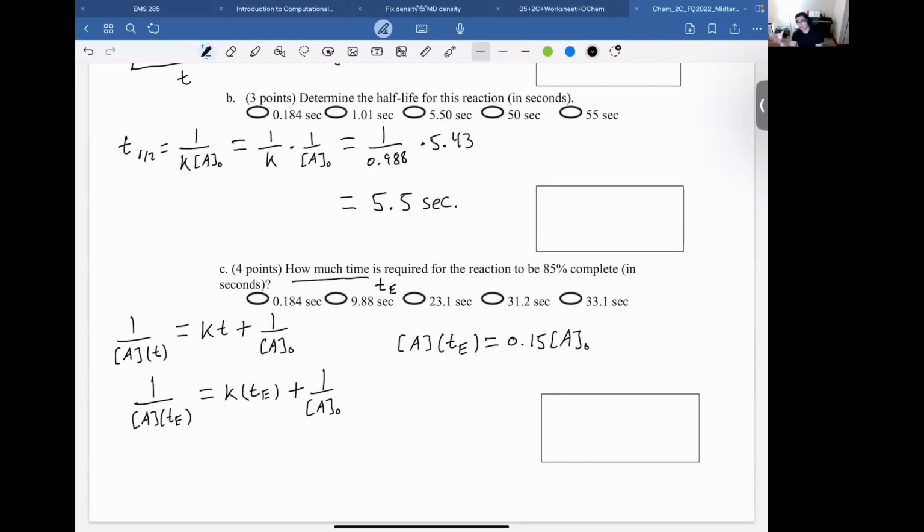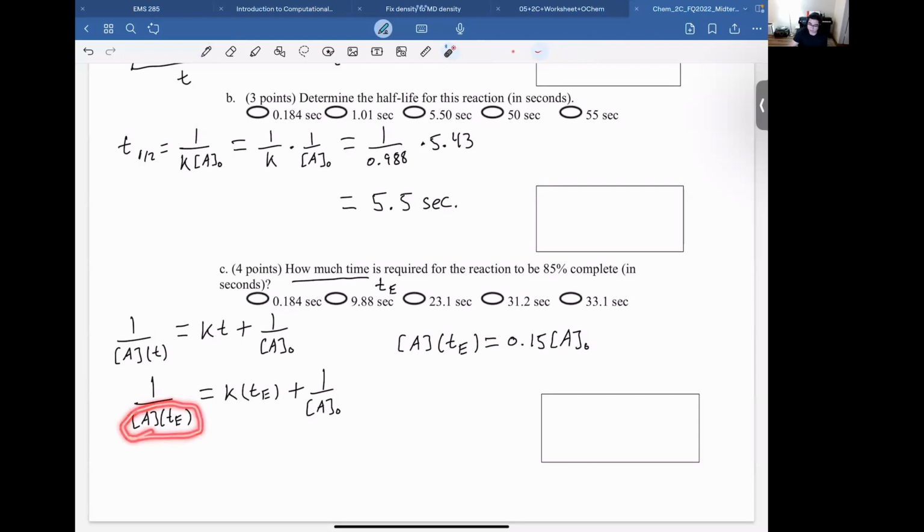If I'm 85% done, I have 0.15 times whatever I started with. If I was 50% complete, I'd have 0.5 times whatever I started with. So now you can go ahead and look at this as a system of equations.